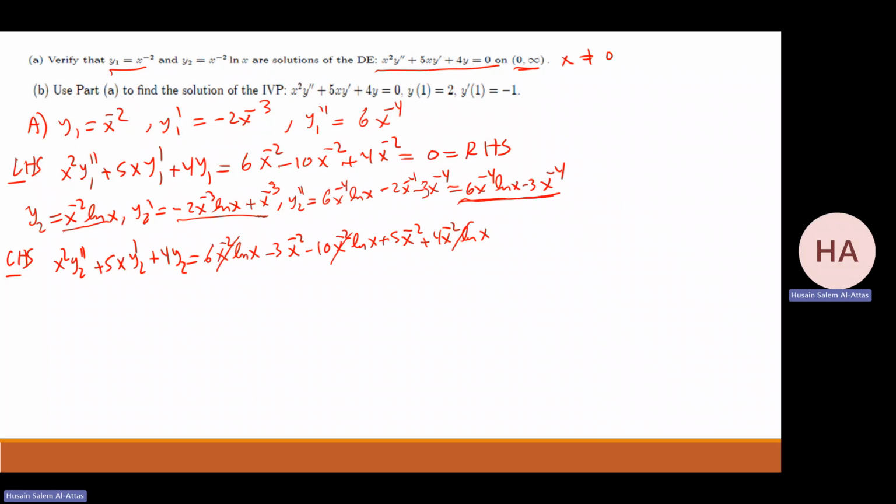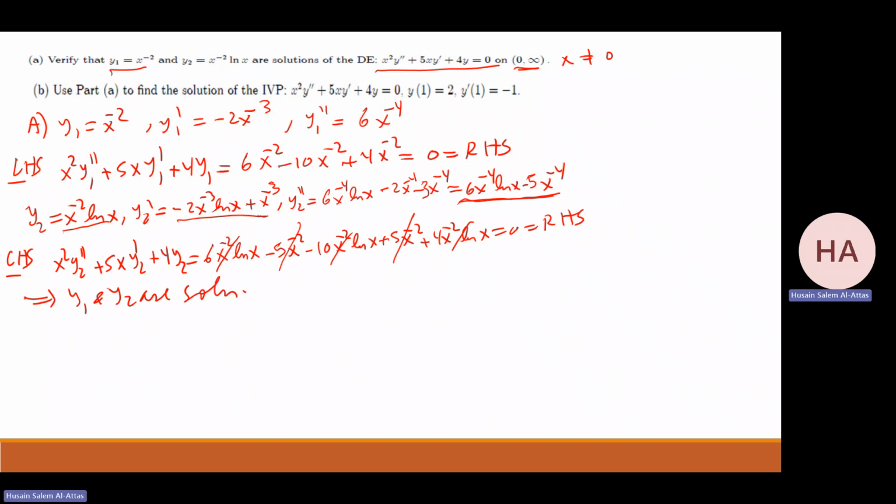Sorry for that. That will be 5. So when multiplied by x squared, that should be 5. Yeah, it should be the answer. So this is cancelled, so this is 0, which is the right-hand side. That's a matter of calculation. So that means y1 and y2 are solutions.